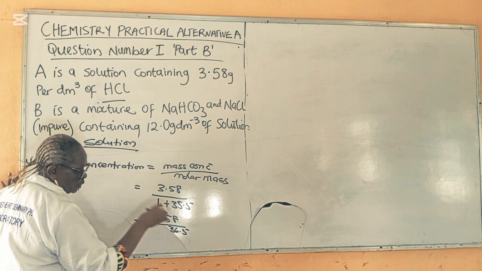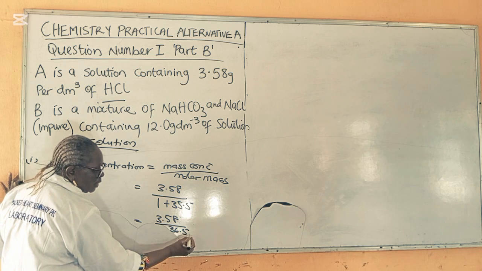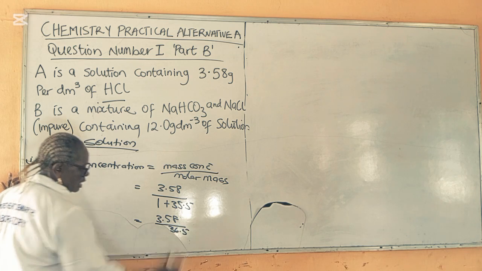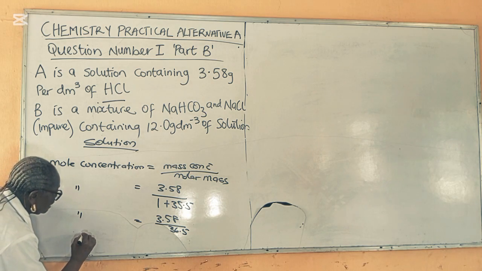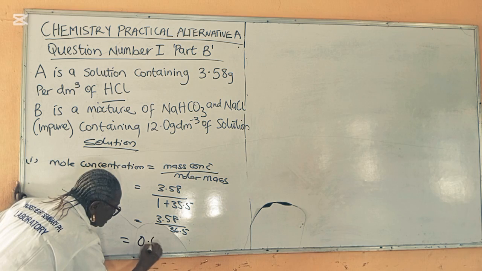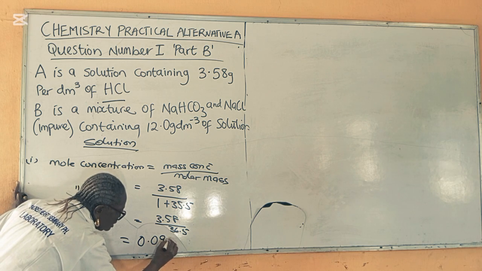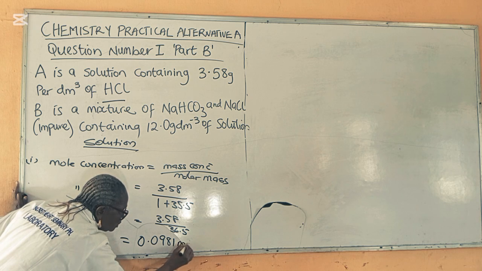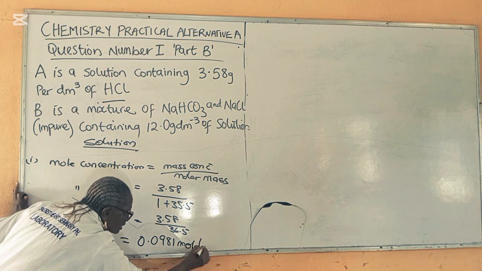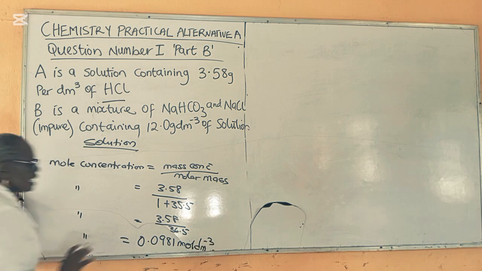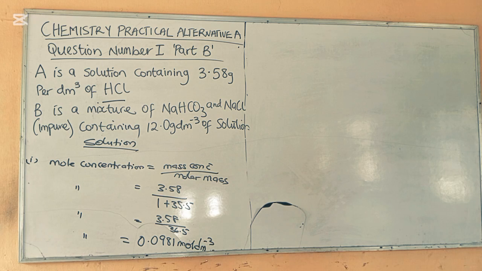But if you have to put unit, let it be correct unit, grams per mole. Then the final evaluation is 0.0981 mole per dm³, exactly 3 significant figures. So we've gotten the molar concentration of A.